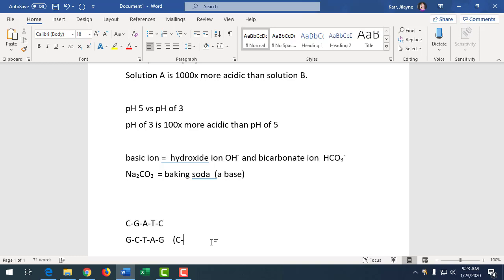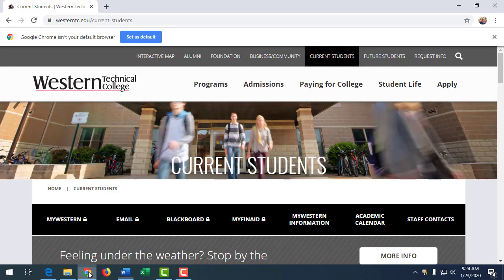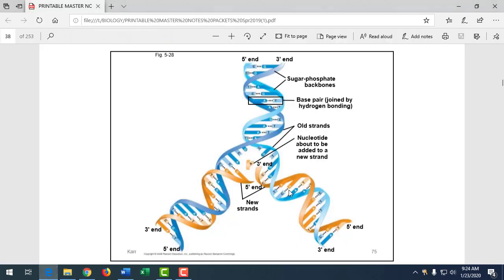Because C always bonds with G and A always bonds with T. So if I know one side of the ladder, I can always predict the other side because it's hydrogen bonded to a complementary nitrogen base. We call that complementary base pairing. The nitrogen bases are the rungs of the DNA ladder, and the sugar and phosphate, which don't change, are along the sides.